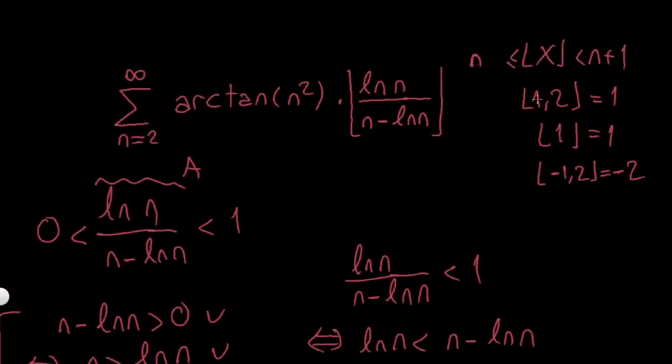Like I said, like how I introduced the floor function, if something is between 0 and 1, the floor function of it is just going to give you 0. Therefore, each term is arctangent n squared times 0, which is just 0. Therefore, our sum is going to be equal to 0. And this is our answer.